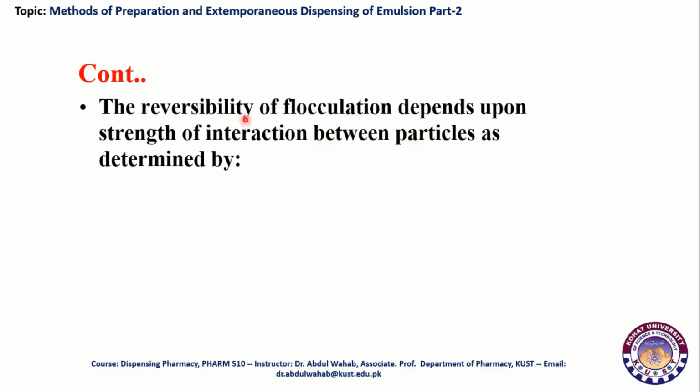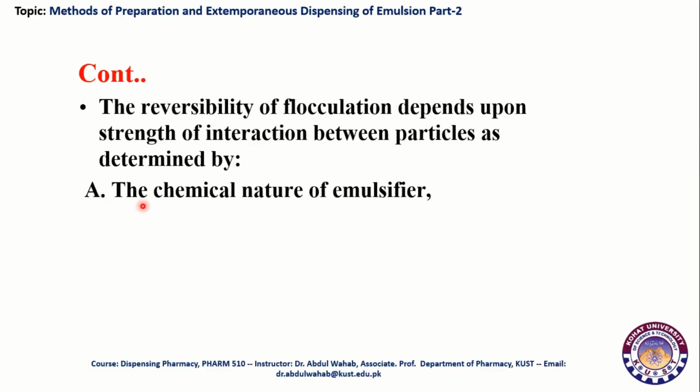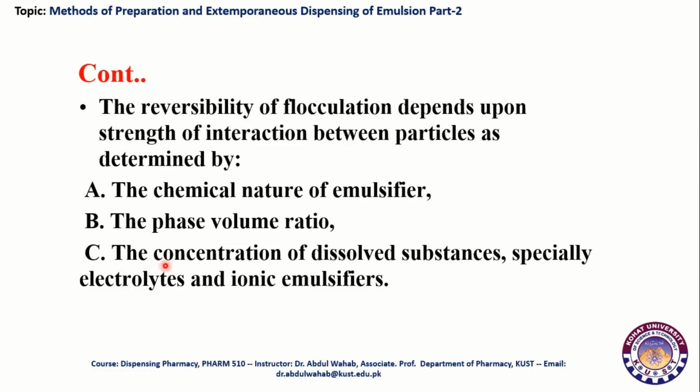The reversibility of flocculation depends upon the strength of interaction between particles, as determined by the chemical nature of the emulsifier or emulsifying agents. Similarly, it depends on the phase volume ratio and the concentration of dissolved substances, especially electrolytes and ionic emulsifiers.